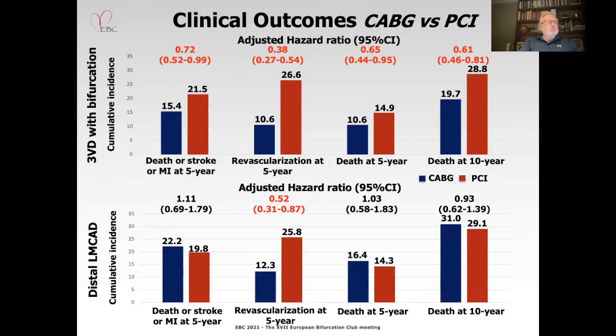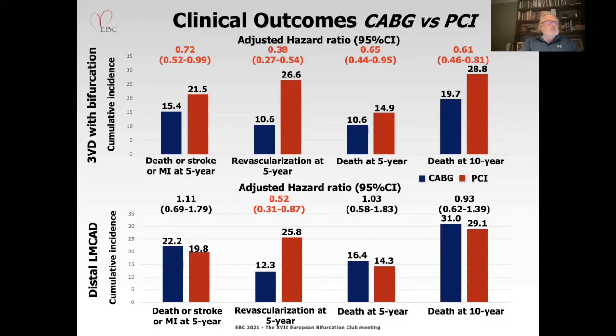The next slide shows the hazard ratios for clinical outcome, CABG versus PCI, in patients with 3-vessel disease and bifurcation, and in patients with left main and bifurcation. All the hazard ratios are adjusted considering the numerous confounding factors in the baseline characteristics.